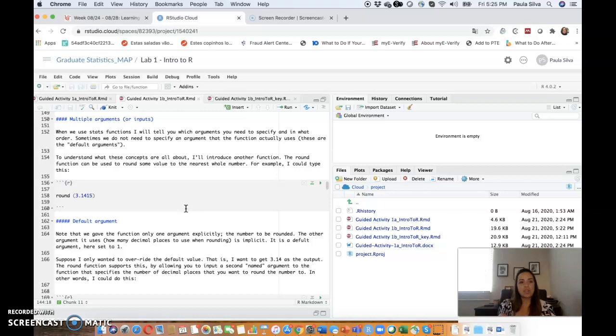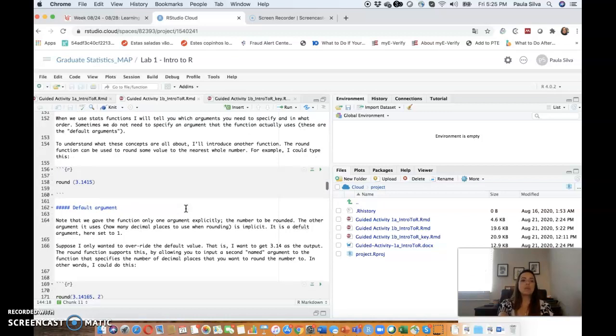Multiple arguments or inputs. When we use stats functions, I'll tell you which arguments you will need to specify and in what order. So when I told you earlier that you would learn to modify functions, I would say to you, well, you're running this function to find the average of your variable that is inside a data set, right? The input could be that data set.